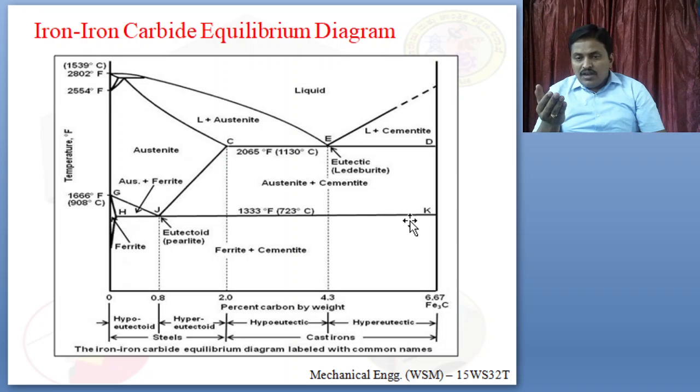At this stage, the phase transformation will be austenite plus cementite. The cementite remains the same, whereas ferrite is going to change to austenite.